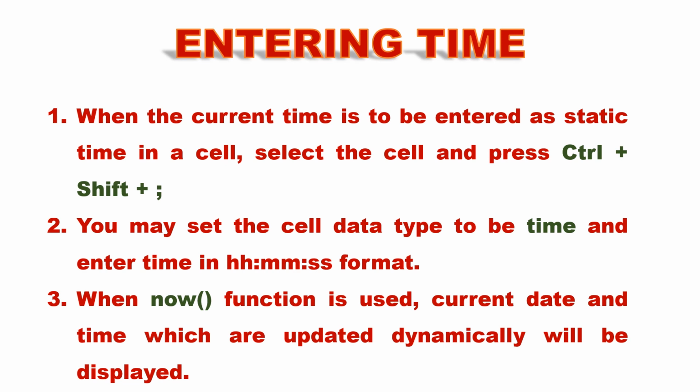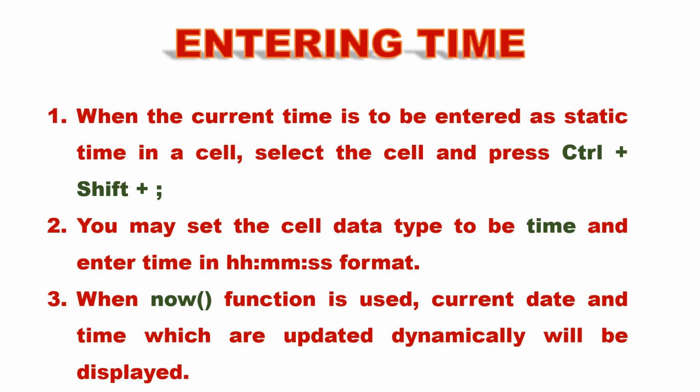If you want to enter a different time, then you select the cell, set its data type to time and then you enter the time as HH:MM:SS. Here H represents hours, M represents minutes and S represents seconds.